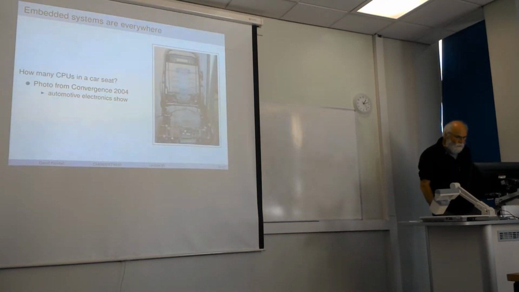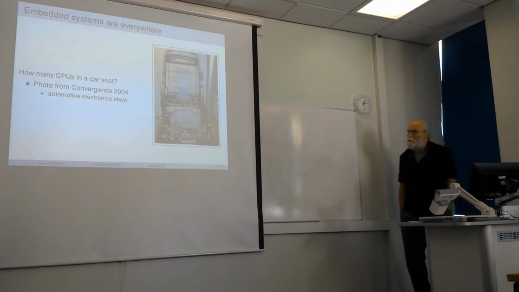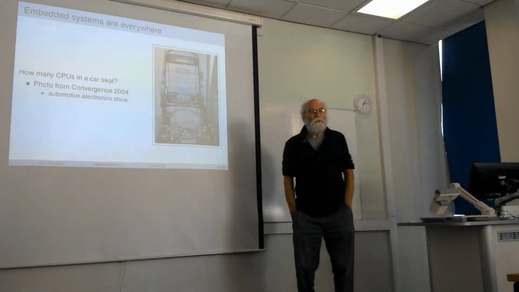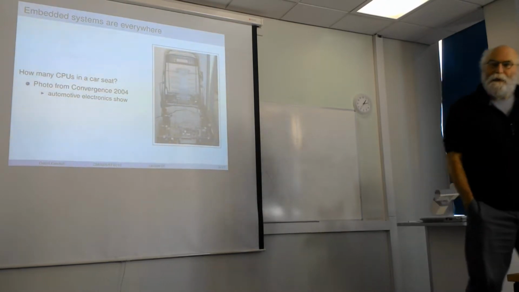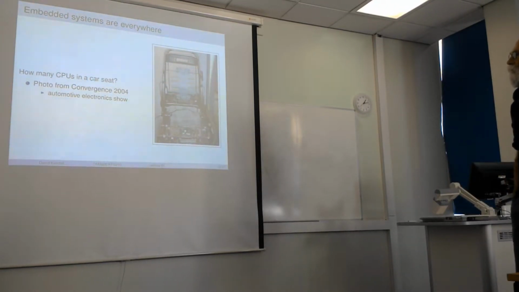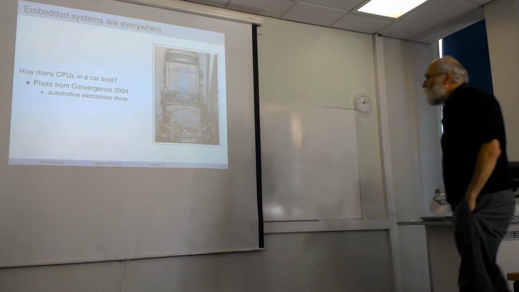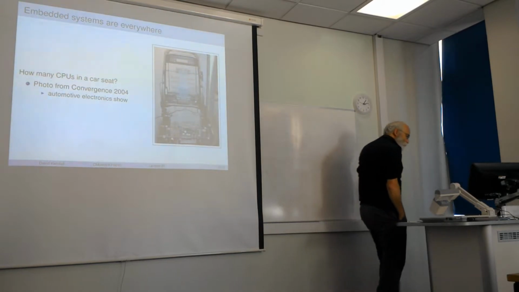So let's start off with thinking a little bit about embedded systems and what kinds of embedded systems we might be interested in. This photo's starting to show its age a little bit now. It's a photo of a car seat from an automotive electronics show, which would be great, but it was taken in 2004.